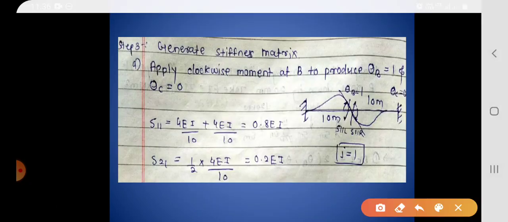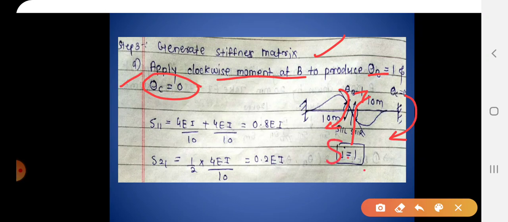Now step 3, generate the stiffness matrix. In part A, the first redundant is theta B. So we have to apply a clockwise moment at B to produce theta B equal to 1, and of course the other displacement theta C should be 0. This will get carried over, so J is equal to 1.